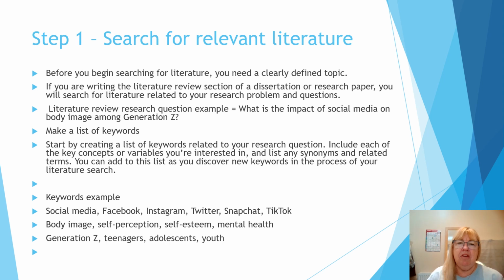Okay, so let's think about step 1. Before you begin searching for literature, you need a clearly defined topic. Now, in week 1, we looked at developing your research question. So you should have your research question to hand, really. And if you're writing the literature review section, you need to search for literature that relates specifically to that problem, and generally not stuff that doesn't.